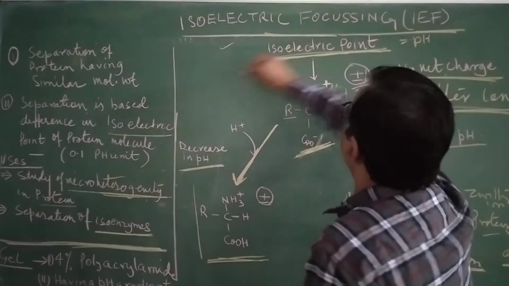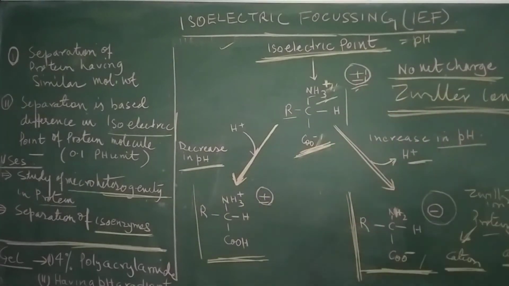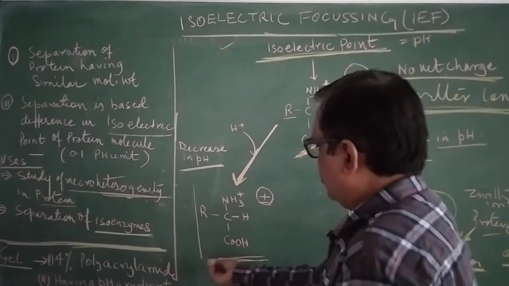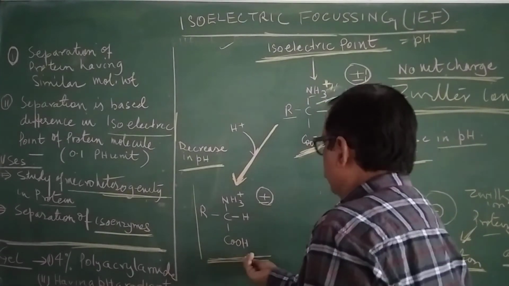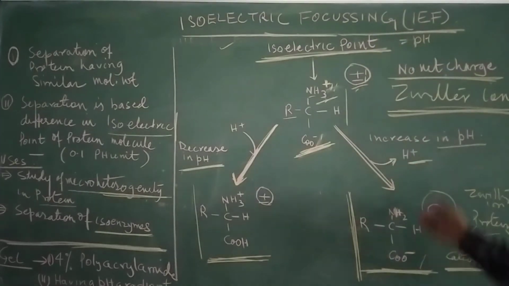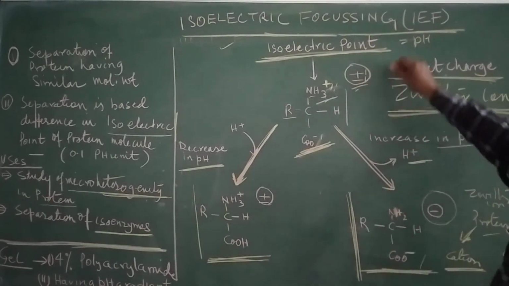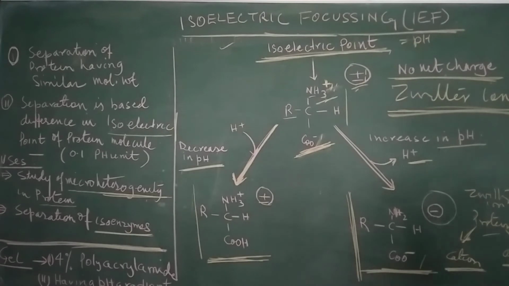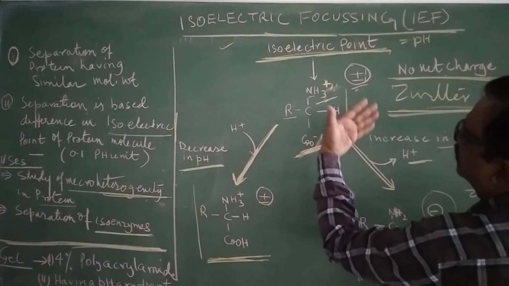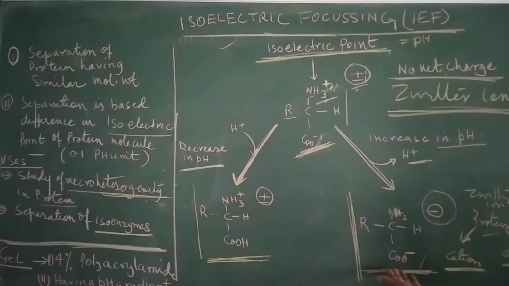The pH above the isoelectric point of an amino acid or a protein, it will exist as an anion.